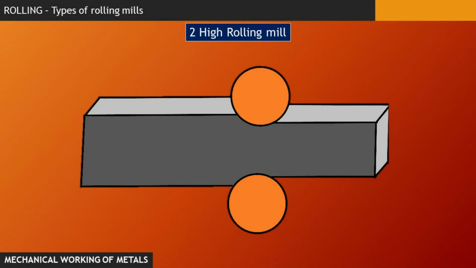First is a 2-high rolling mill. As the name implies, it has 2 rolls with a constant direction of rotation about the horizontal axis.